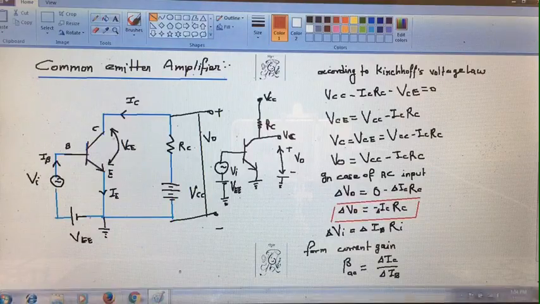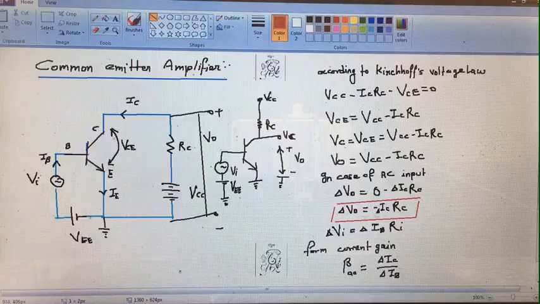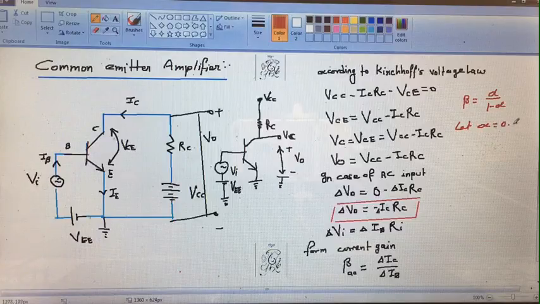So next point, we are going to discuss the current gain of this amplifier. We know that beta is equal to alpha upon 1 minus alpha. We are going to compare the common base amplifier and the common emitter amplifier. Let alpha be equal to 0.98, so beta will be equal to 0.98 upon 1 minus 0.98.